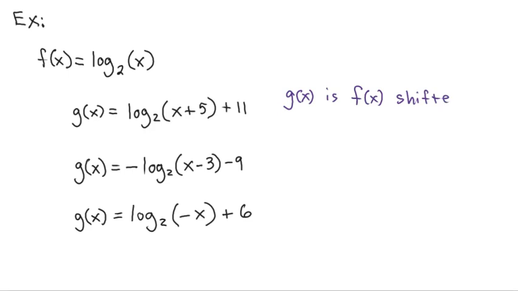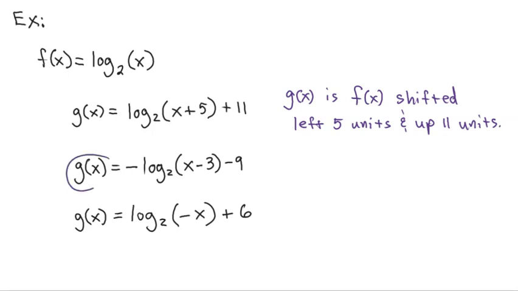Well, let's look at the shifts here, okay? We have plus 5 on the inside. Remember, with the x, when we have a plus inside with the x, that's a left shift. So this is shifted left 5 units because it's plus 5 units. And we have a plus 11 on the end. And a plus 11 on the end means an up shift. And shifted left 5 units and up 11 units. Okay?